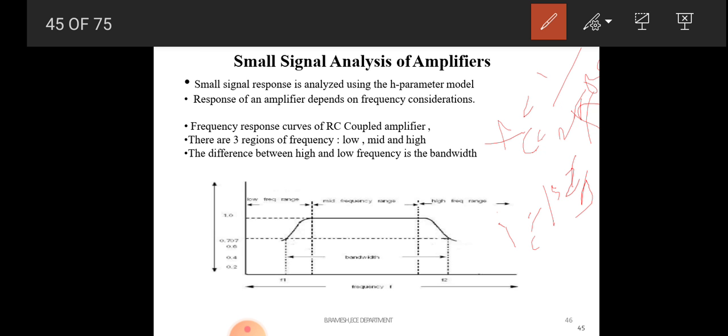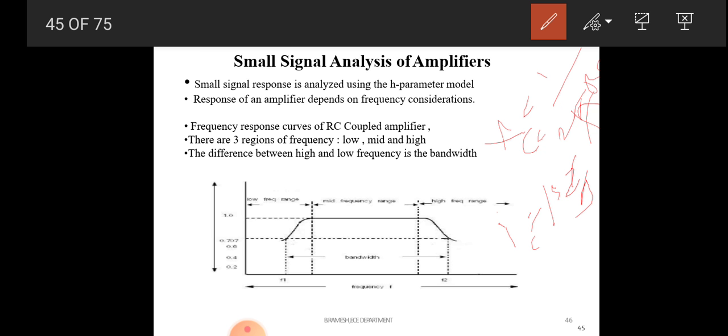Then after that, the device internal capacitance reactance decreases, and your IB current is diverted. So IB current decreases means IC current decreases, so current gain decreases. That is the reason the voltage gain decreases at high frequency. Small signal response is analyzed using the H parameter model.